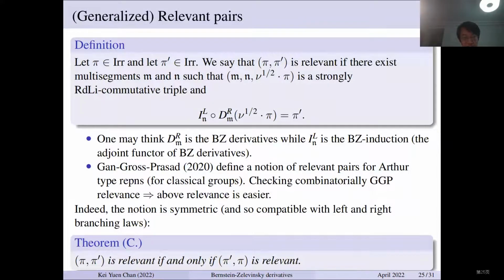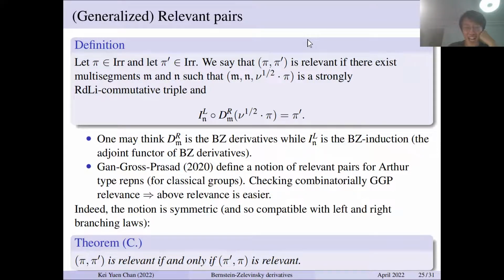So now we go to how to define the relevant pair for the branching law. The way to define it is the following. Pi and pi prime are irreducible representations of G_n, not necessarily of corank one, because we know that for the Gan-Gross-Prasad conjectures you can also do Bessel model things, so corank can be higher than 1.